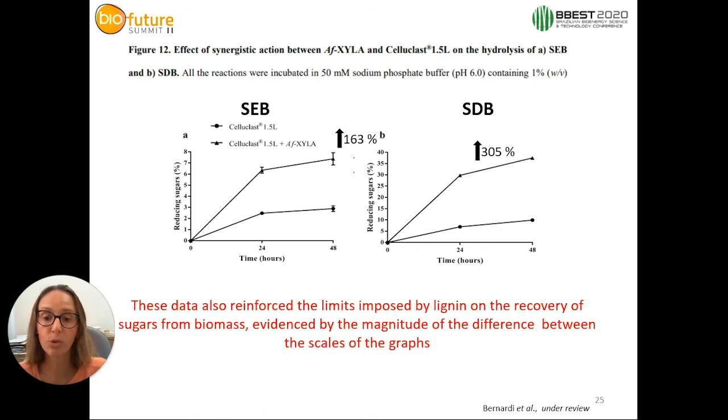This data also reinforces the limits imposed by lignin on the recovery of sugars from biomass. It is evidenced by the magnitude of the difference between the scales of the graph.